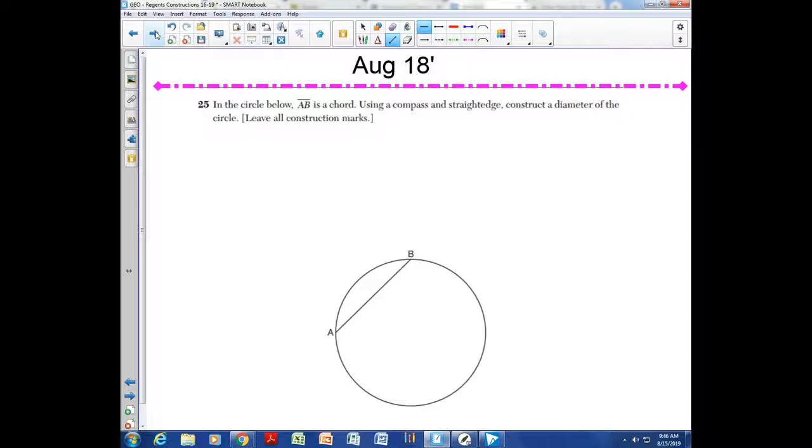So this question was just a fancy way of asking, construct the perpendicular bisector of AB. And that is a construction we've been doing for quite a while. So let's get to it.